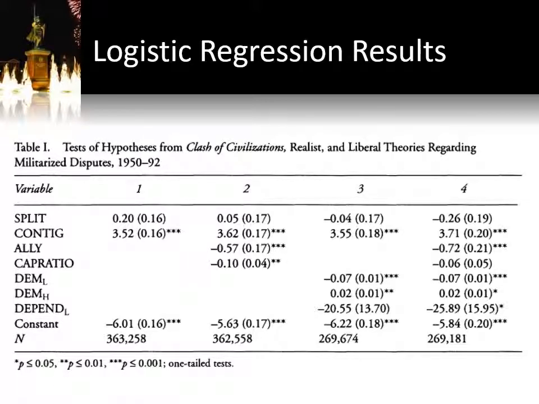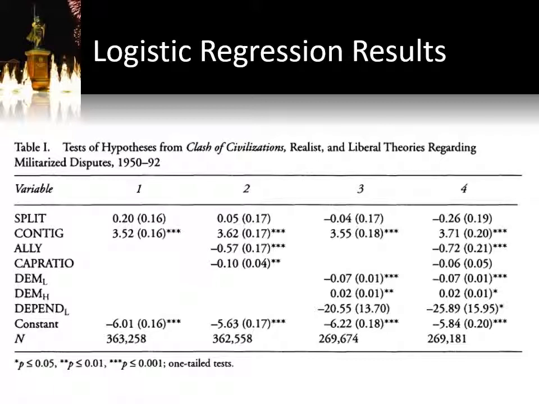So we find that when we account for contiguity, the difference of civilizations doesn't have an impact. And the constant, I have no idea what the constant does in this context, when everything else is 0. By the way, you see our N down there, 363,000 dyads in this data set. N is always the number of observations, right?